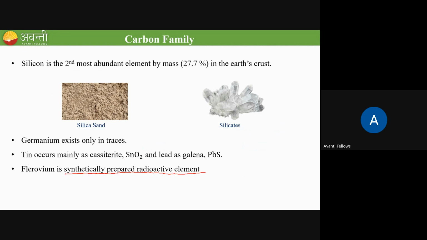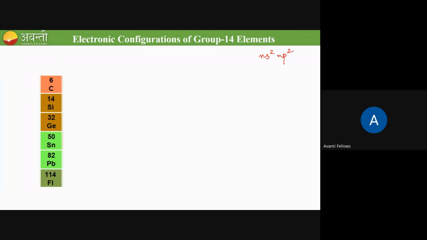Now next we will jump to the electronic configuration of group 14. These are the group 14 elements: carbon, silicon, germanium, tin, lead and flerovium. The general electronic configuration for group 14 is ns2 np2.